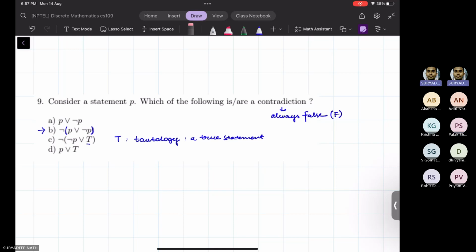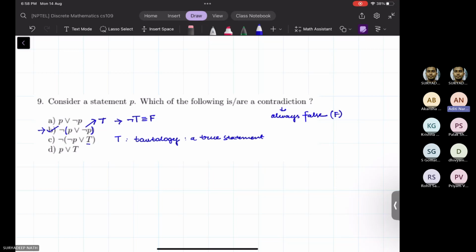Yes, so the inside of B is a tautology, which means that negation of a tautology is a contradiction. Therefore, option B is correct. B is a contradiction. Now, can someone explain why C is a contradiction?